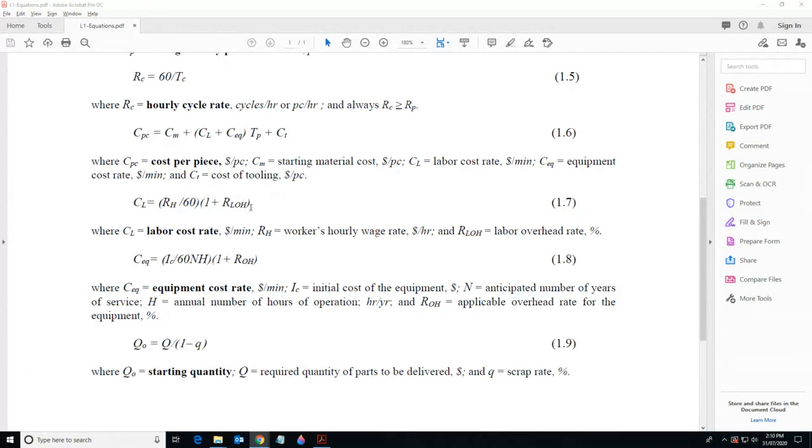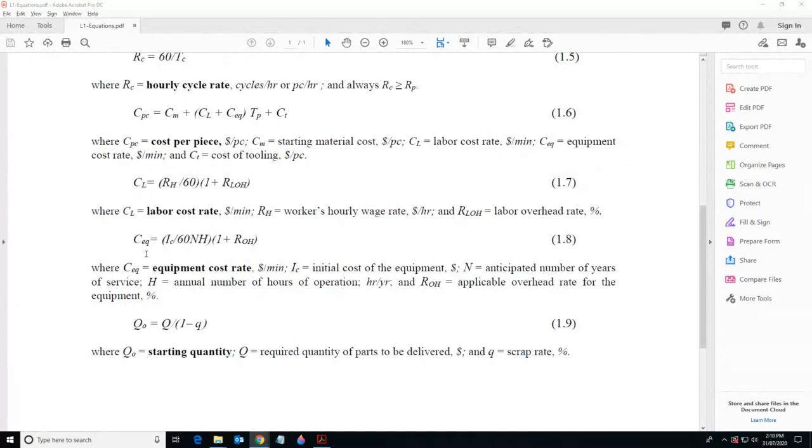And then what is it? If we hire a machinist, it's not just an hourly wage that we are paying to him. We've got to pay something for superannuation, for some other services that we are providing to the labor. So there is always an overhead cost, and this is often represented in the form of a percentage of RH, and that one sits here.